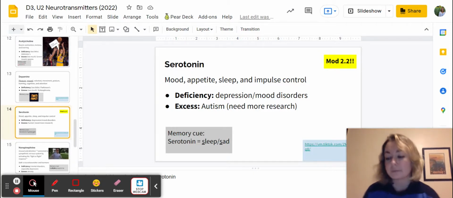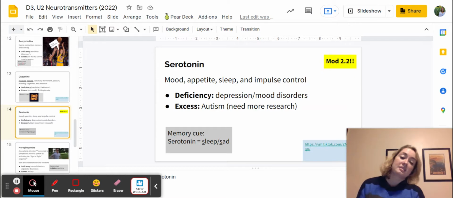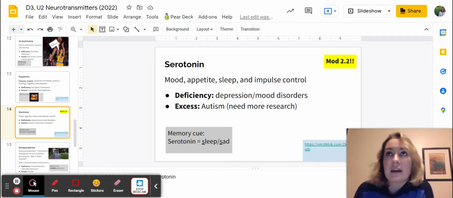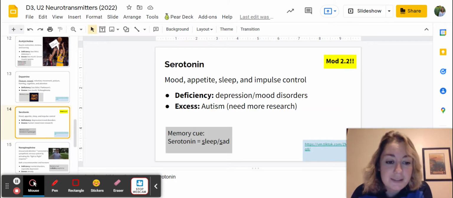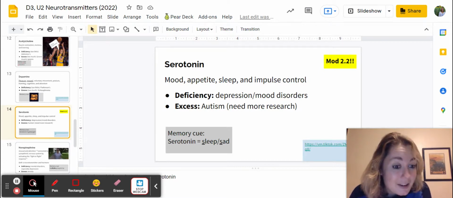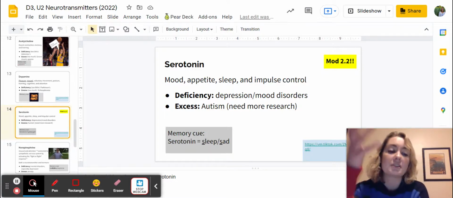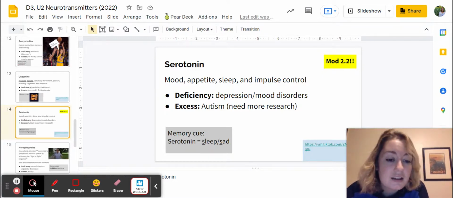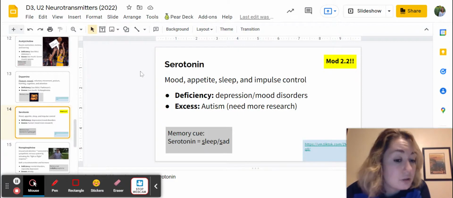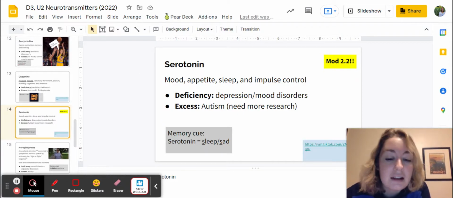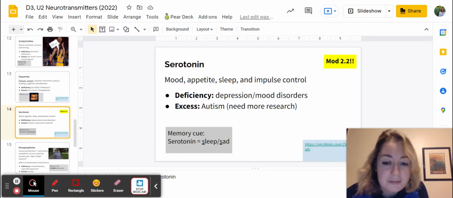That's why when we talk about clinical psych in Unit 8, selective serotonin reuptake inhibitors, a fancy name for a drug that you use to treat depression, have serotonin in the name: we are trying to increase and boost our serotonin levels to alleviate some of your depression symptoms. And again, that makes sense because depression is tied in with low mood, but also lack of appetite, sleep issues, all that, right? These are all things tied in with depression.